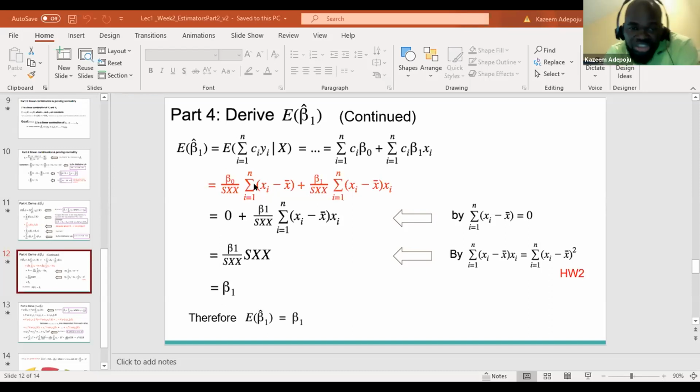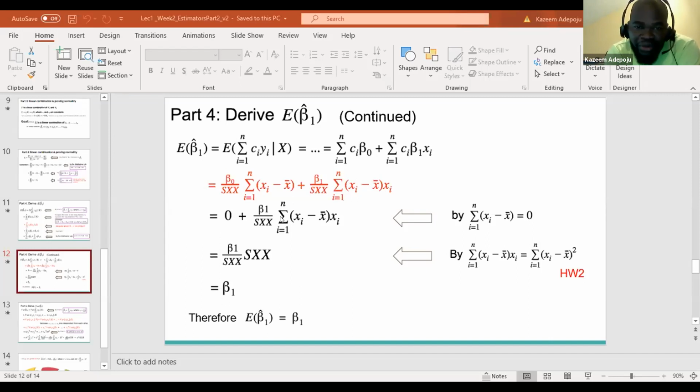It's going to be 0, because the sum of deviations is 0. That's why I have this 0 right here. But this other one is not 0, because there's an xi here. If there were no xi and you had the sum of xi minus x bar, you could call that 0, but with the xi you can't call it 0. So this guy here is still this guy here.